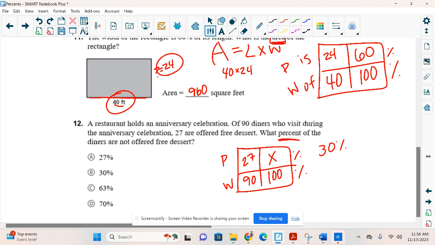Is that my answer? Why? You have to subtract. Alright, so it asks for the percent that were not offered free dessert. So 30% of them were offered free dessert. So what percentage were not?